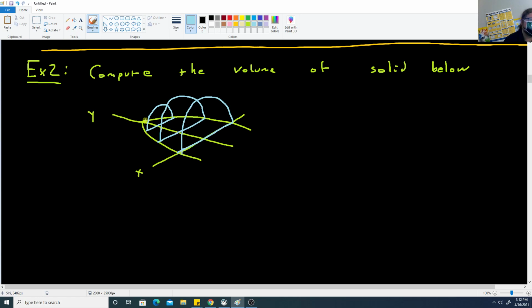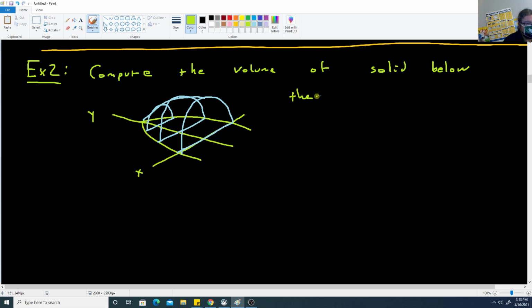So it's basically this three-dimensional object, kind of looks like maybe a bullet that's been cut in half or something. So the cross-sectional areas are semicircles. They give us some extra information about this.